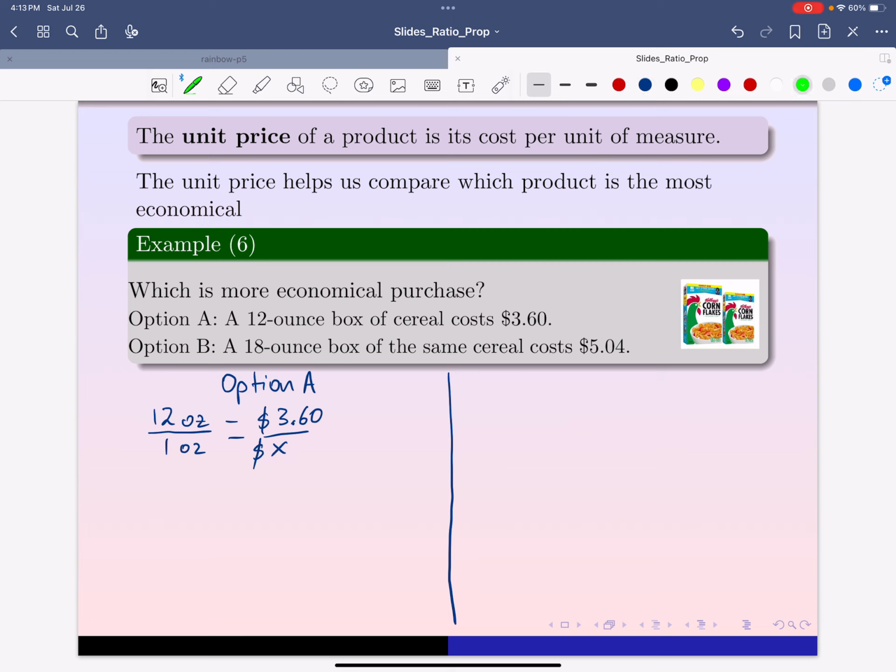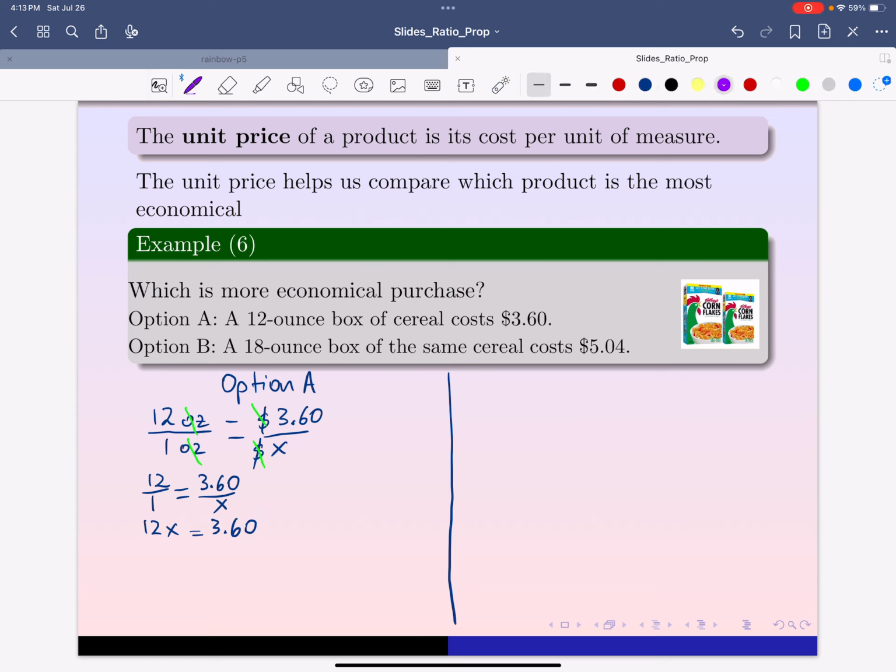Ounces and ounces cancel out, dollar amounts cancel out. And we have 12 over 1 is equal to 3.6 over x. Solve the proportion by cross multiplying. So 12 times x is 12x is equal to 1 times 3.6, which is 3.60.